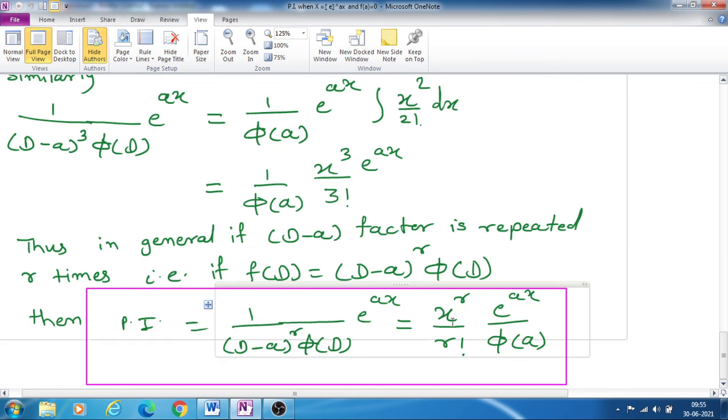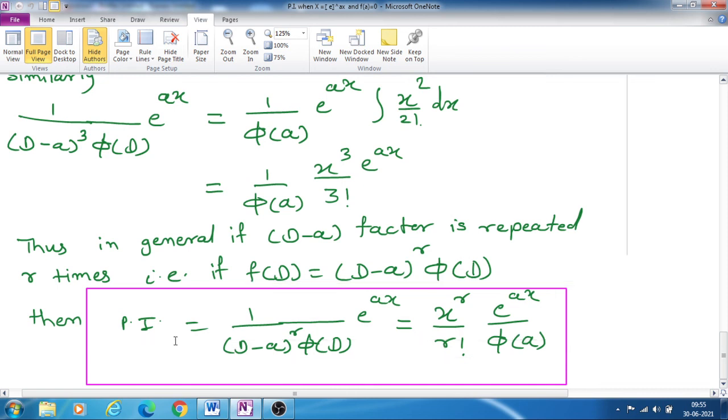So remember this formula, if there are r factors D minus a, r times D minus a is a factor, then PI will be x raised to r upon factorial r into, put D equal to a in the remaining factor where this phi(a) is not equal to 0, and e raised to ax.